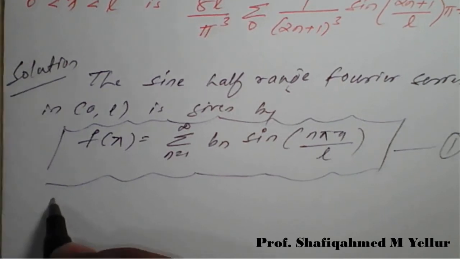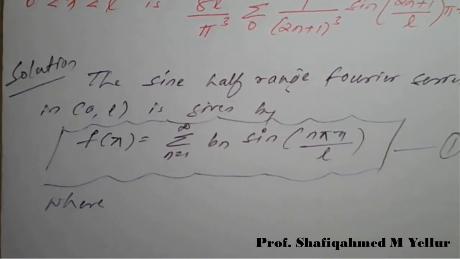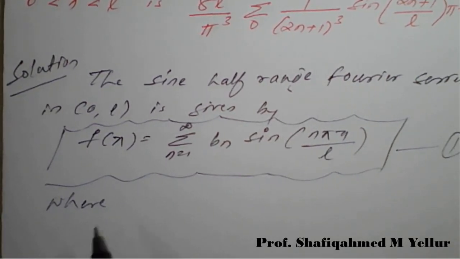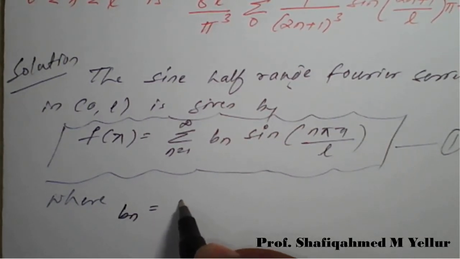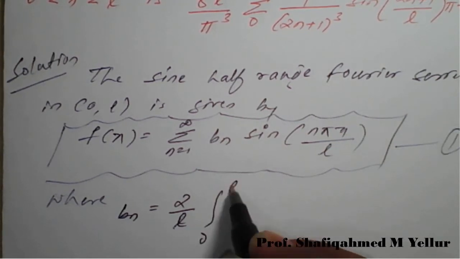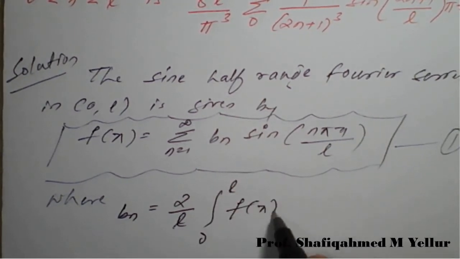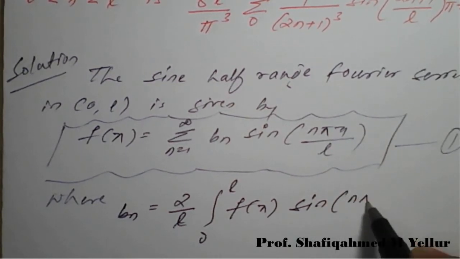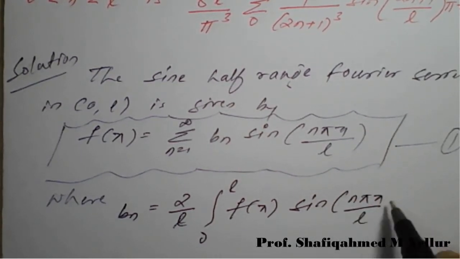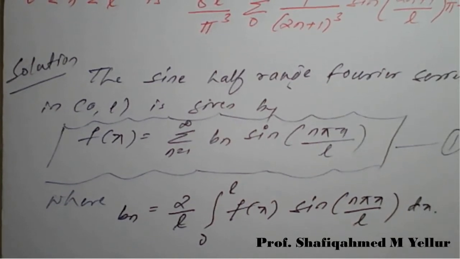where bn is equal to 2 upon L, integral 0 to L, f of x into sine of n pi x upon L into dx.